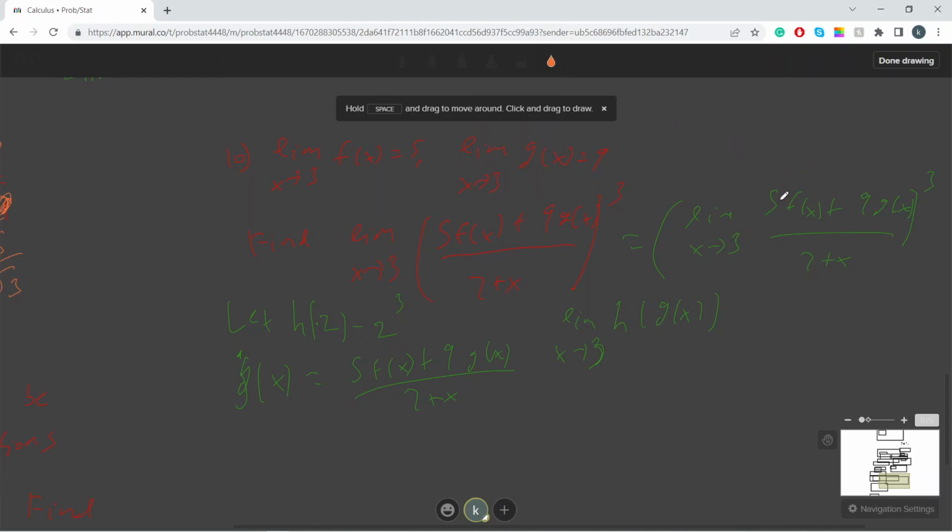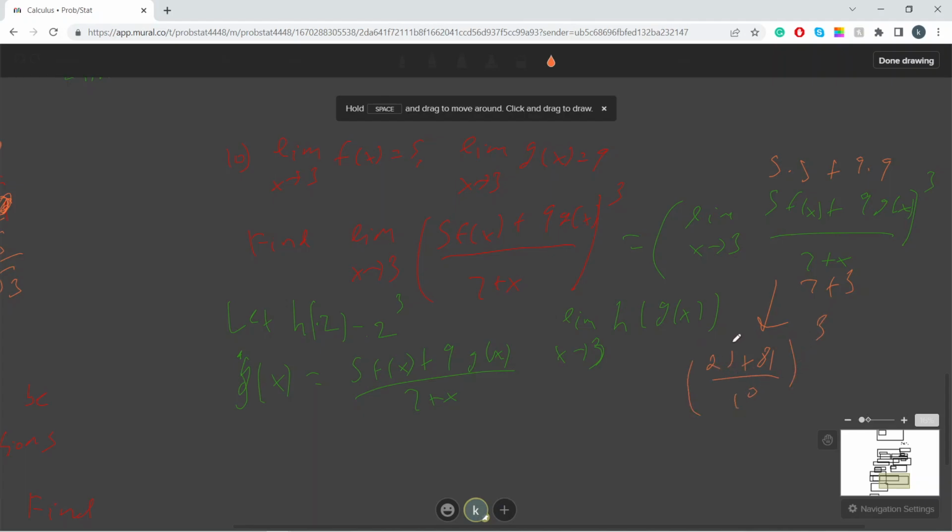We know that the limit as x approaches 3 of f of x is 5, so this is going to be 5 times 5. The limit as x approaches 3 of g of x is 9, so this is going to be 9 times 9. And then we can plug 3 in for x in the denominator, and we're not going to get a division by 0 error. So the answer really becomes 25 plus 81 over 10, cubed.